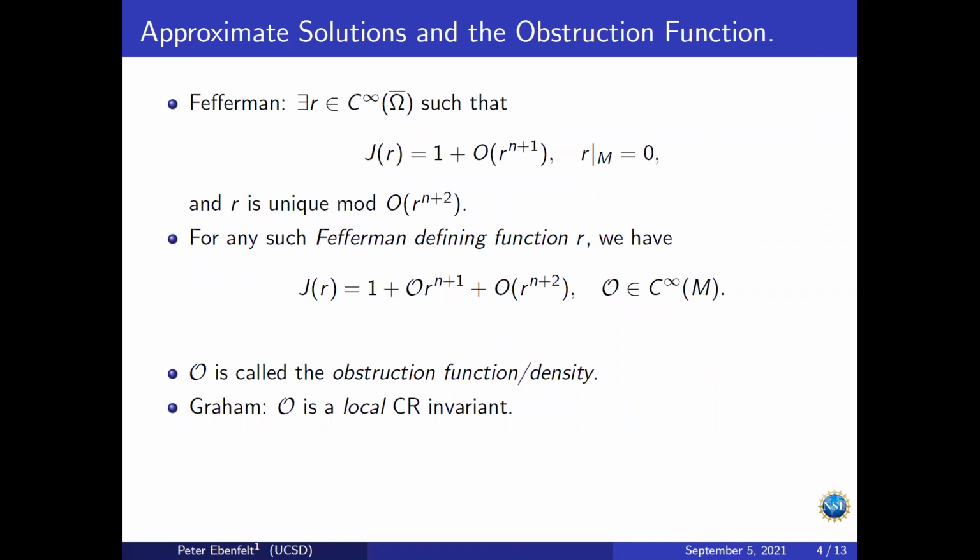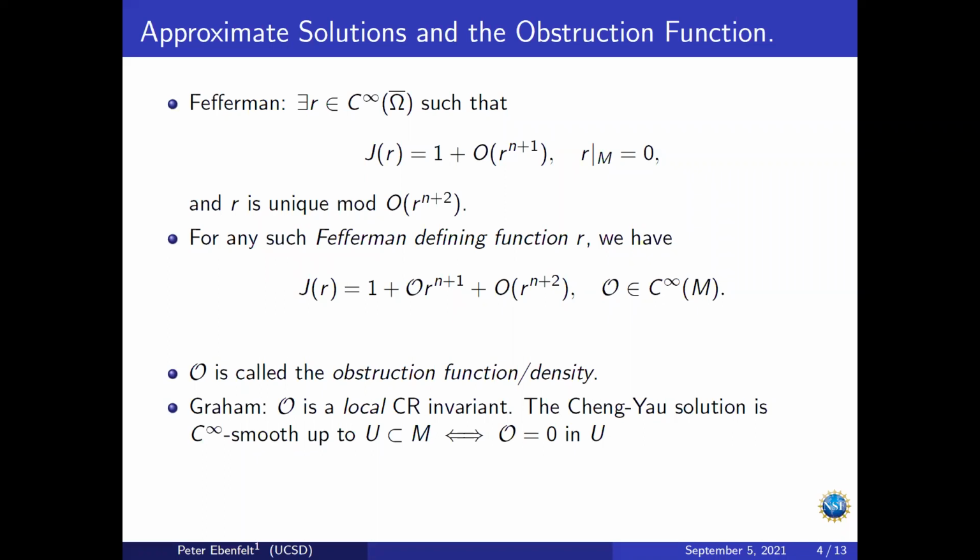But Graham showed that you can actually define O as a local CR invariant, and the CR manifold doesn't have to be embedded. Basically he showed that the Dirichlet problem that I described can be made into a local Cauchy problem by prescribing one more piece of data on the boundary. And in that way, you get a local CR invariant.